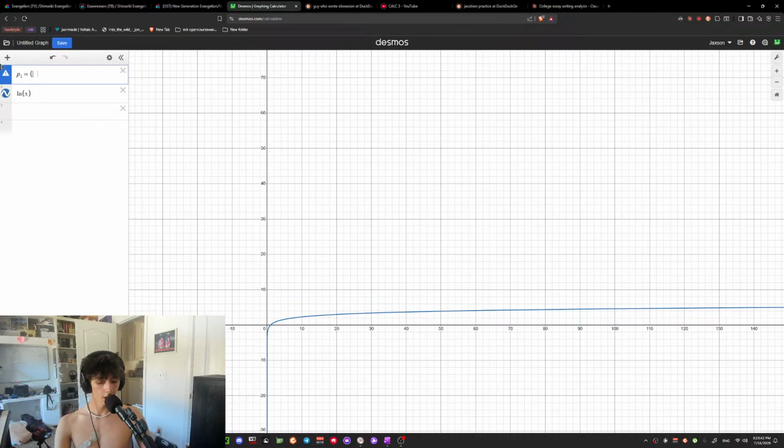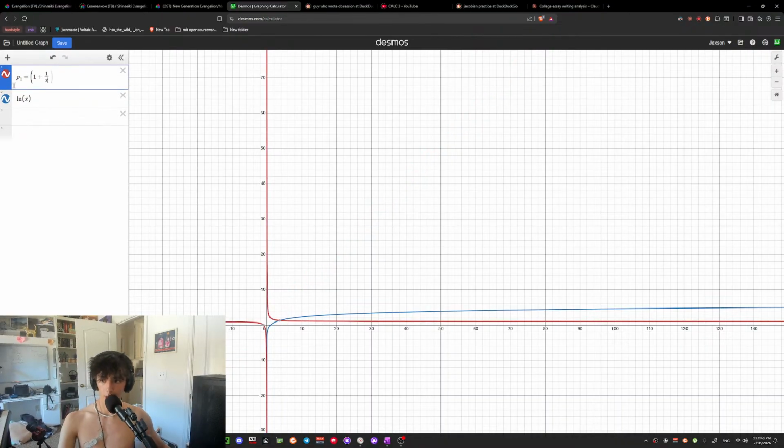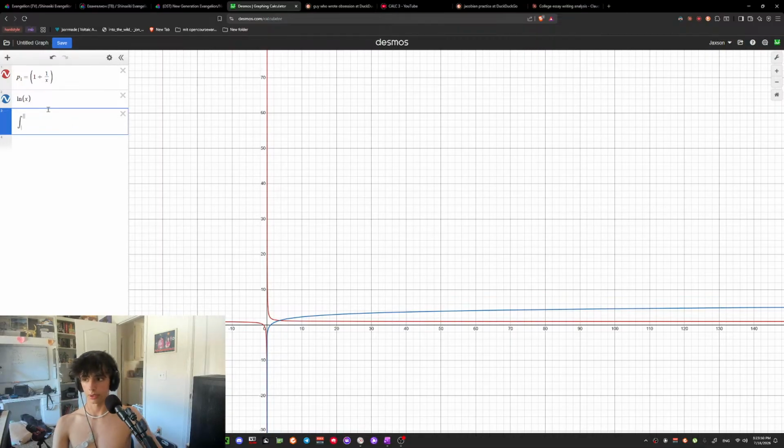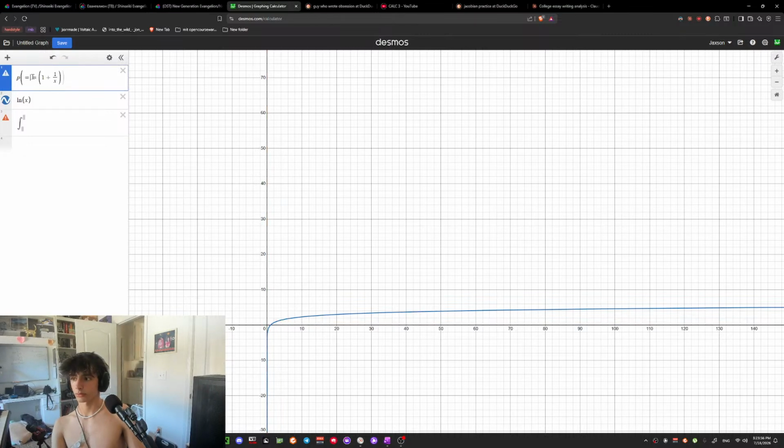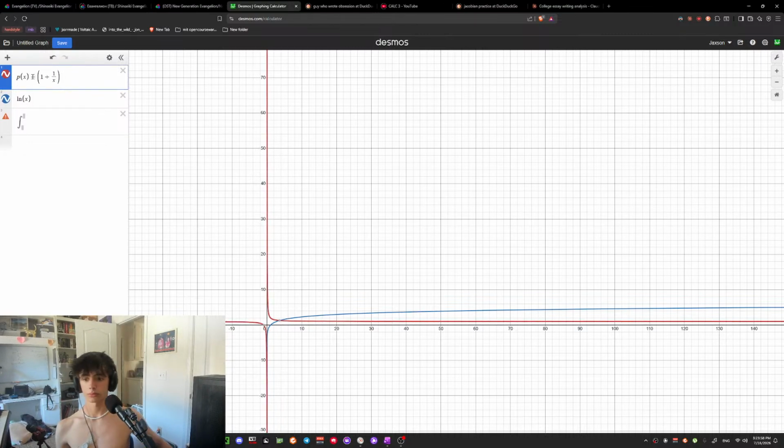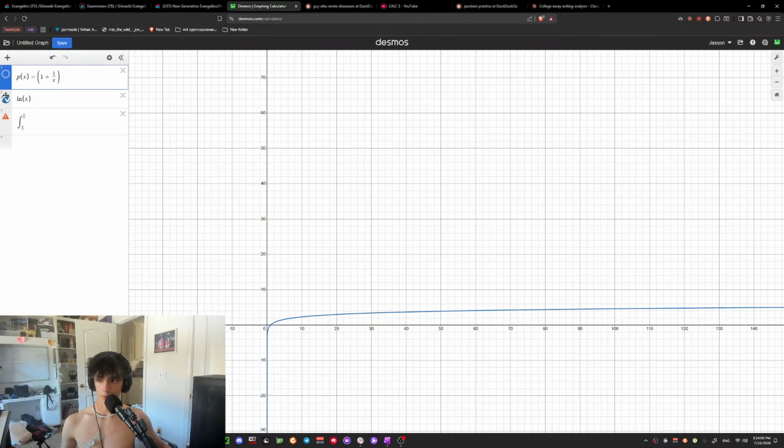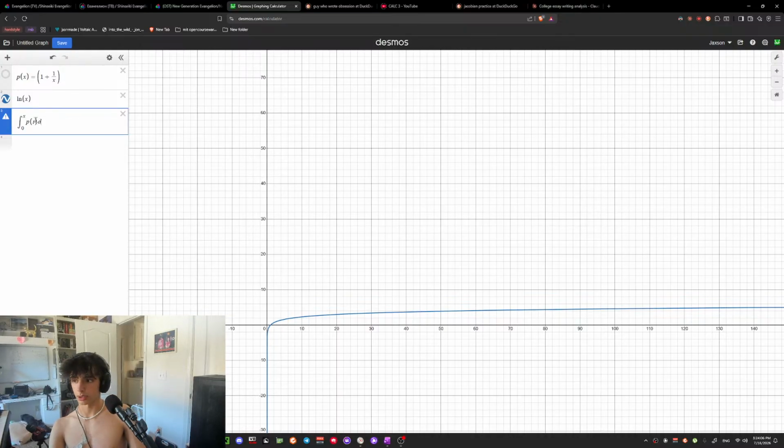So this equals 1 plus 1 over x. And then we have the integral from 0 to x of p of t dt.